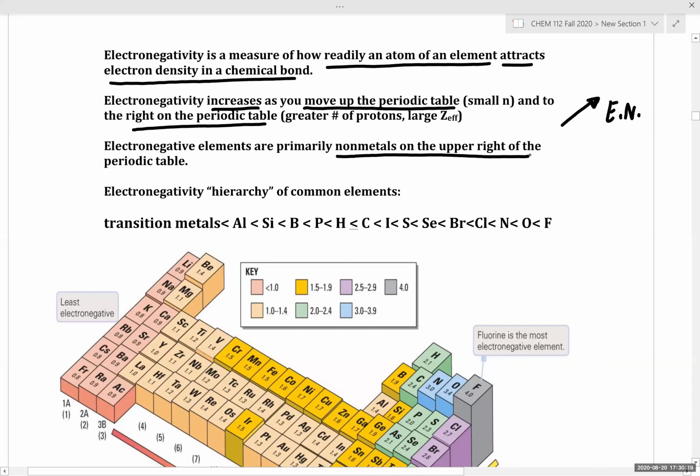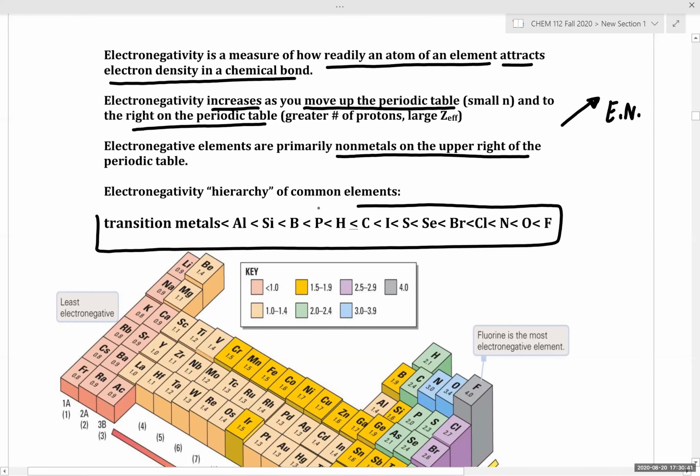I've decided to make a nice little hierarchy table to help you rank the electronegativity of common elements that you see in organic chemistry relative to other elements that you'll see in our periodic table. So this is a nice little hierarchy table, and it has some pretty interesting results.